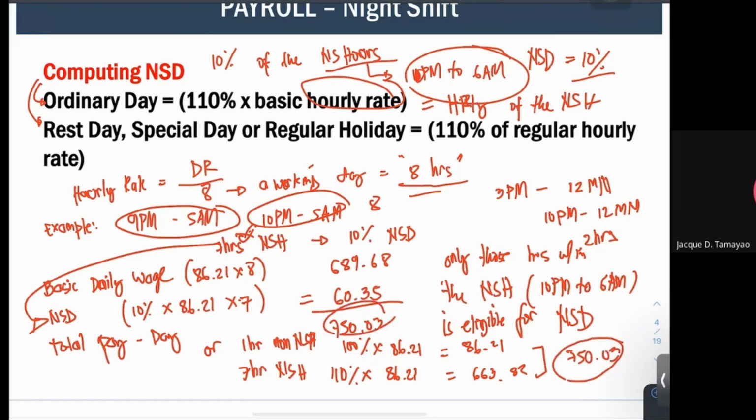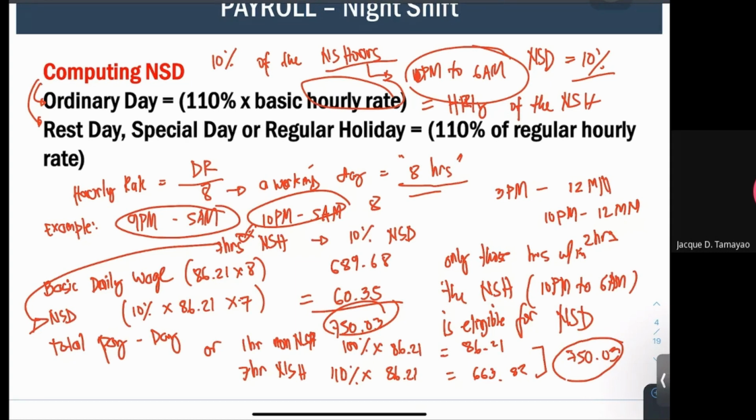So as you can see, it's still the same. On the first one, we just separated the basic daily wage and we get only 10%. On the second solution, we separated non-night shift to night shift hours. For non-night shift, it's still 100%. For night shift hours, it's still 110%. Okay? I hope we are clear.